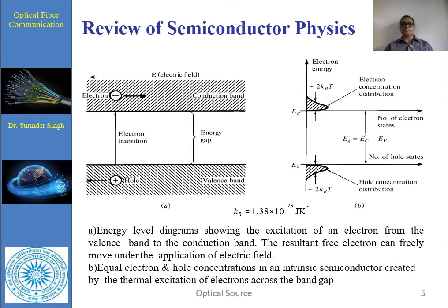Now, if we look at the basic semiconductor physics theory as an energy diagram, consider the semiconductor material silicon, which is located in the fourth column of the periodic table.